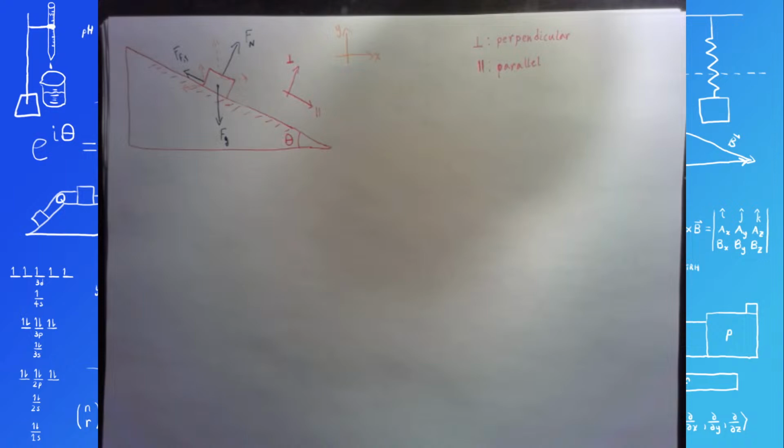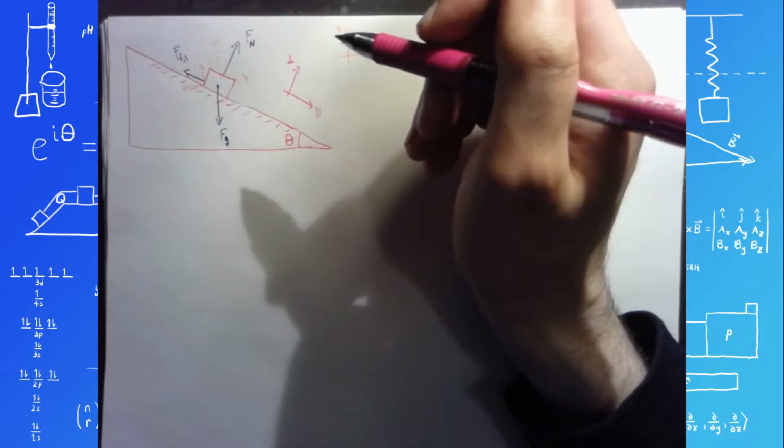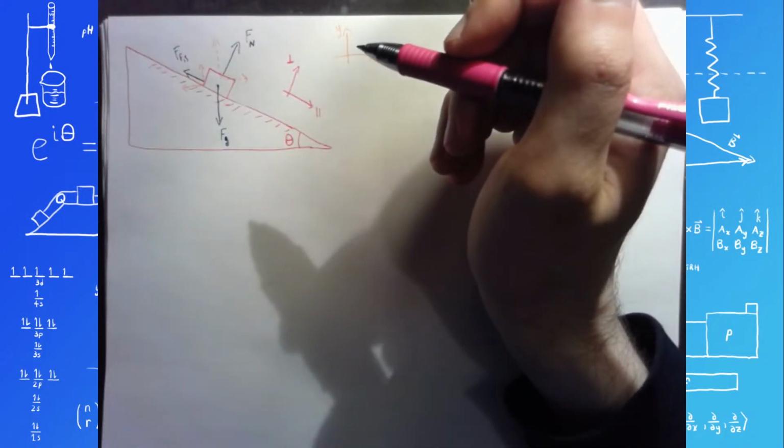If you're kicking something up the incline, then maybe in that case it makes more sense for up the incline to be your positive direction. You can just make your own judgment based on whatever situation is given to you. And I will probably do the same once we look at some examples.